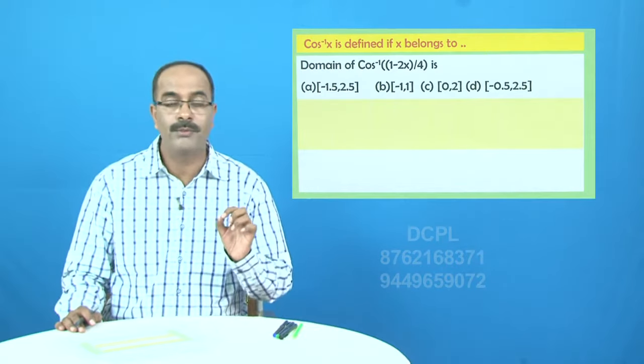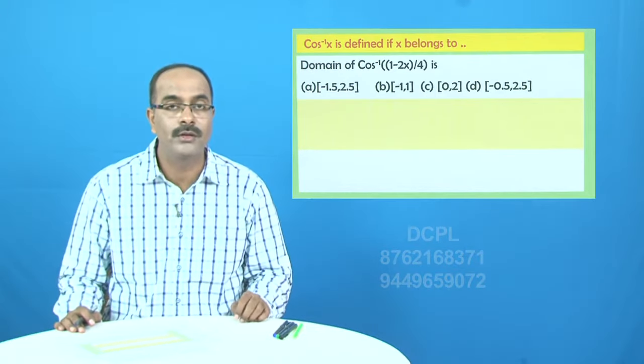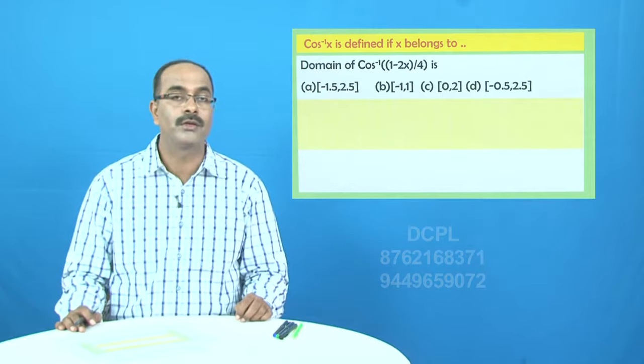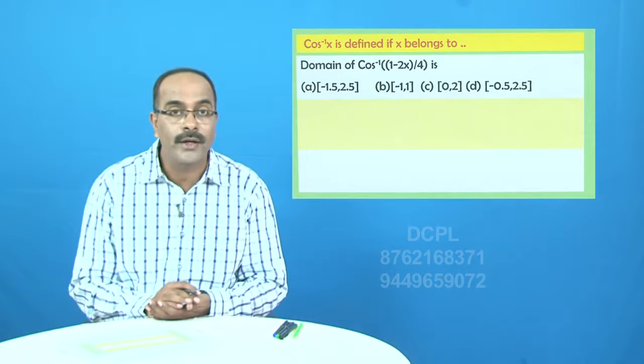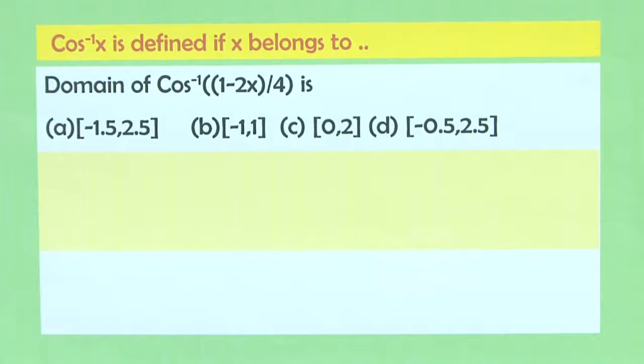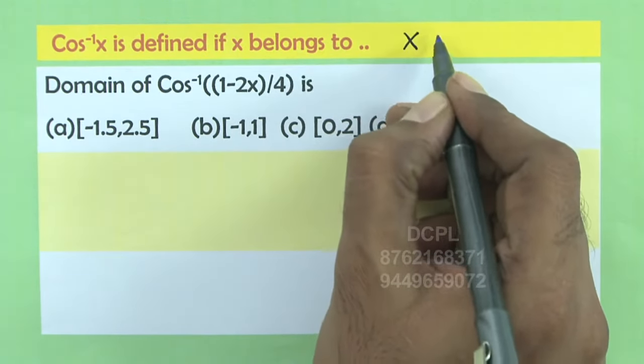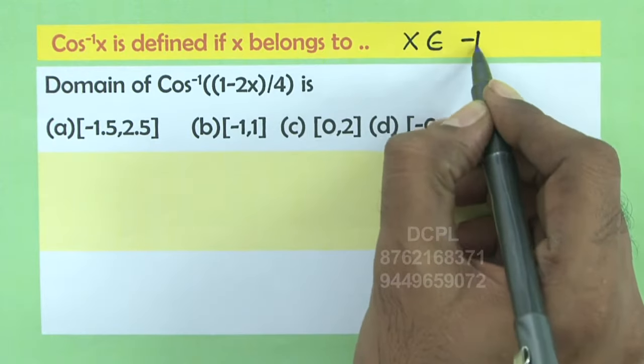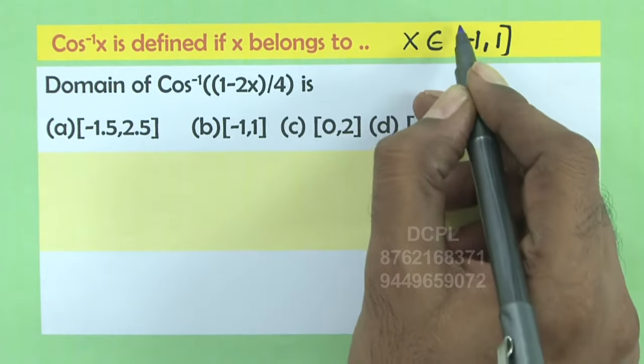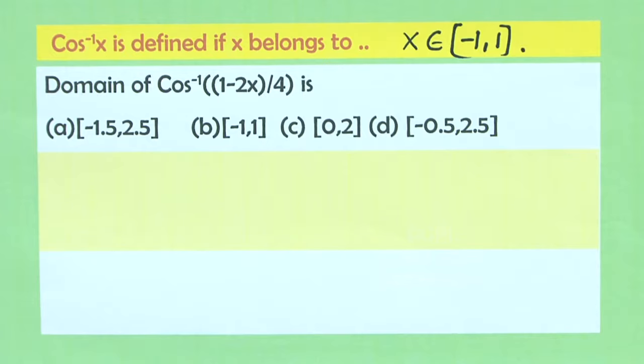Dear students, before discussing the next question, you should know this. Cos inverse of x is defined when x belongs to what? Cos inverse of x is defined if x belongs to minus 1 to plus 1. If you know this concept, you can easily solve this question. Look at the question.